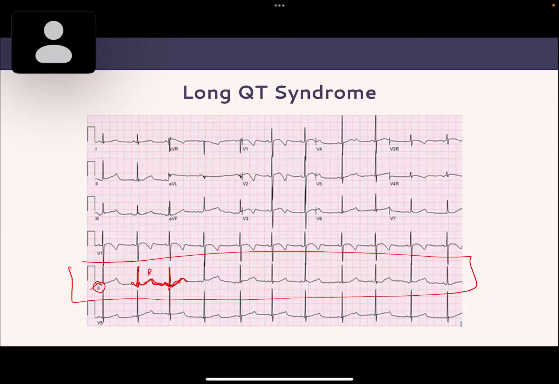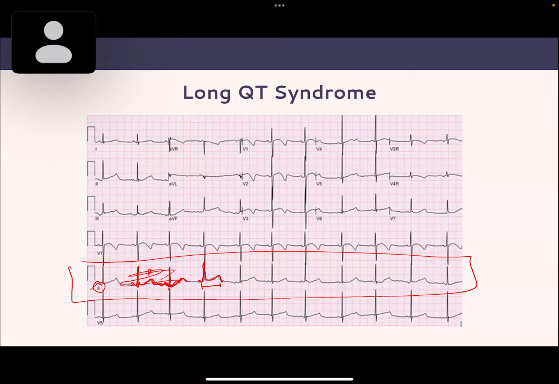Okay, I made a mistake. So ignore this. I was saying that if this is the P wave, QRS, and then a T wave, if you guys look at the distance between the Q wave to the T wave, it's probably 2.5 large squares.